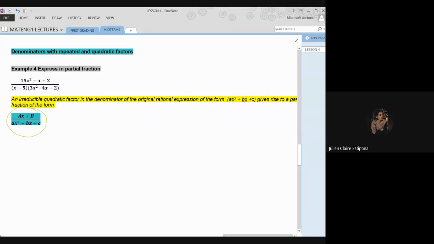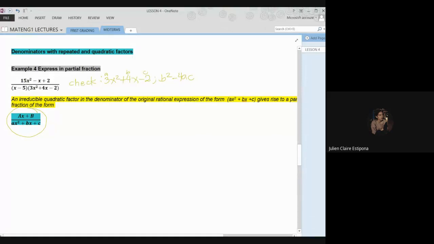So if we are going to rewrite this, let me just check again. Check muna natin. So if we are going to check the denominator, that is 3x squared plus 4x minus 2, if we can factor that one. So if you remember, if we are going to check if that is a perfect square, para ma-factor natin yan. So we check that one, that is b squared minus 4ac. So this is your a, this is your b, this is your c.